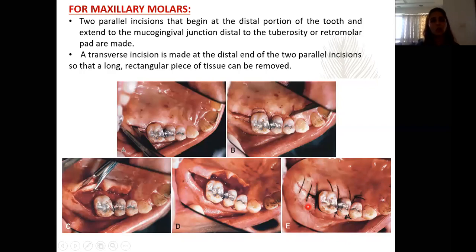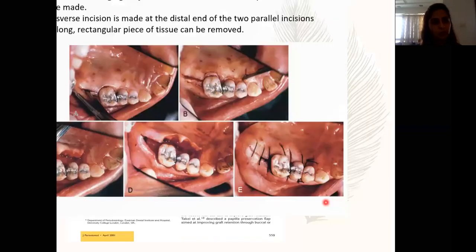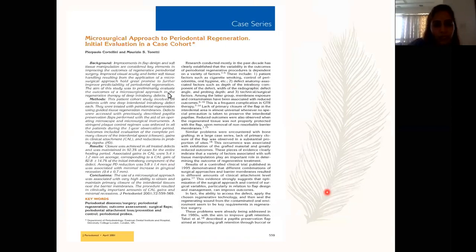Having discussed all the classic periodontal flap surgical procedures, in the year 2001, microsurgery again took a good hold. This paper is by Cortellini, and you could all go through it, with a microsurgical approach to periodontal regeneration using the microscope and a series of microsurgical instruments.